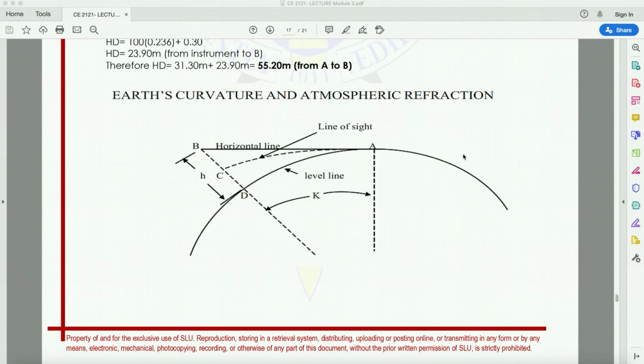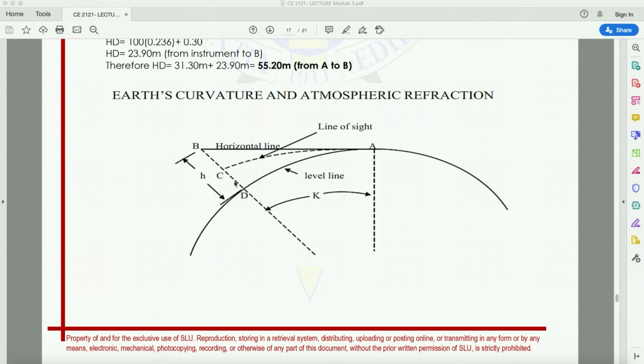But when we are measuring a distance between point A and point D, which is very big, like for example in kilometers, we can no longer neglect what we call the vertical error.